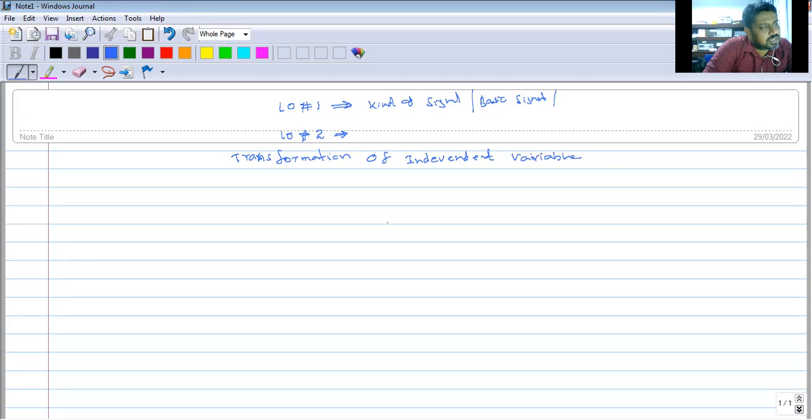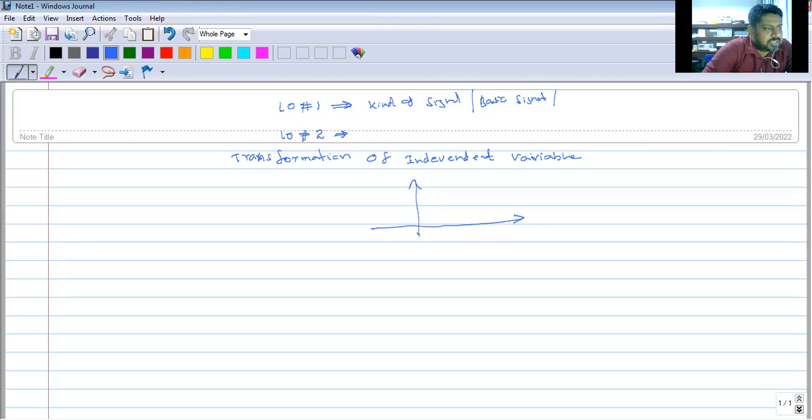We know that we can represent a signal using two variables: one is the independent variable and the other is the dependent variable.